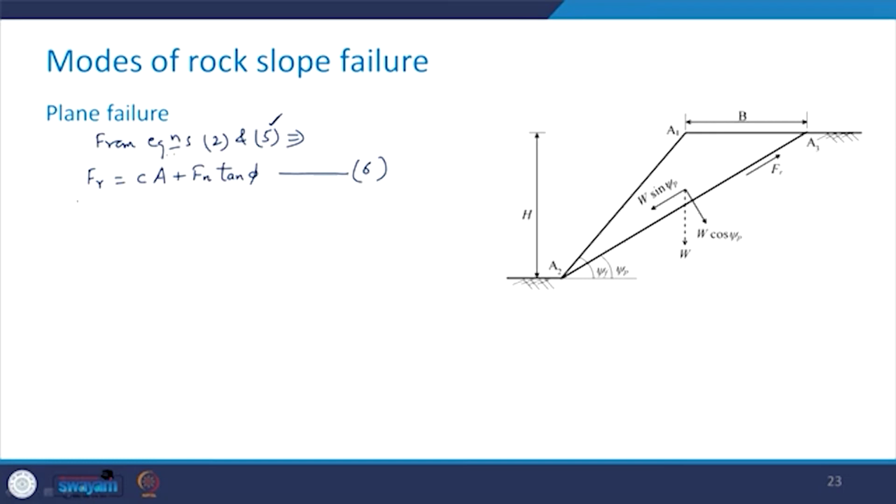So, I have multiplied it with the area on which those stresses are acting. So, we will get this equation in the form of forces, where this Fn is sigma n into A, that is the normal force on the failure plane.